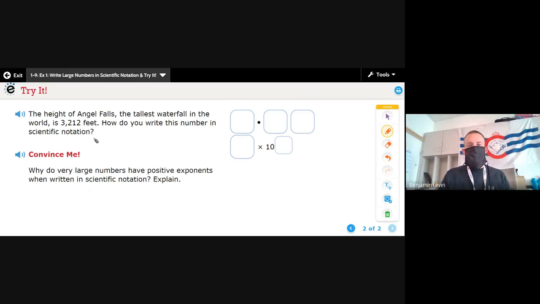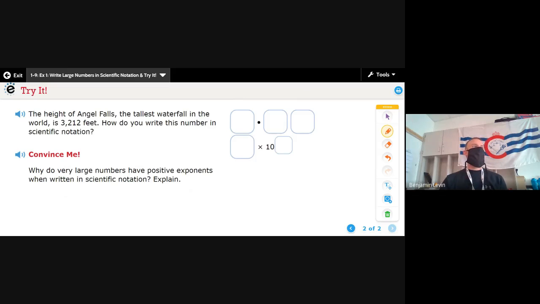How do you write this number in scientific notation? So, how many spots do we need left of the decimal in this number? If we're going to write it in scientific notation, how many numbers can be left of the decimal point? We were just talking about that on the last slide.